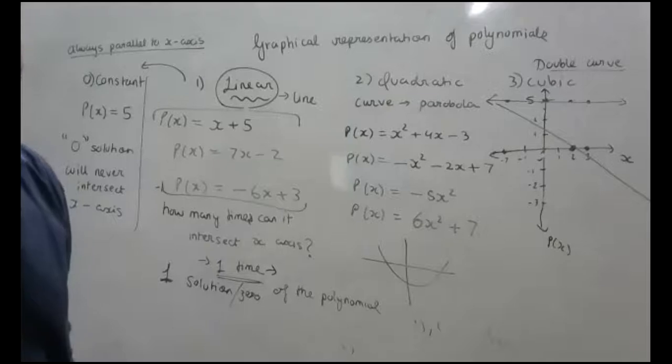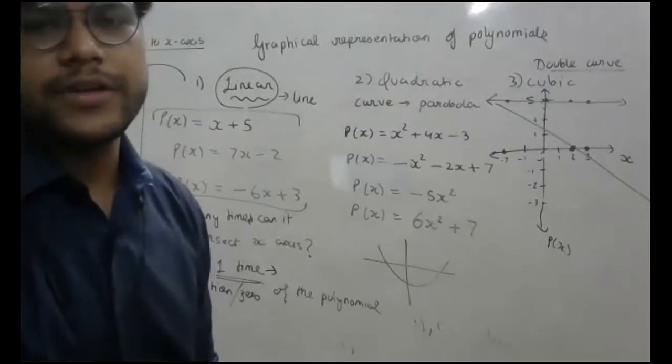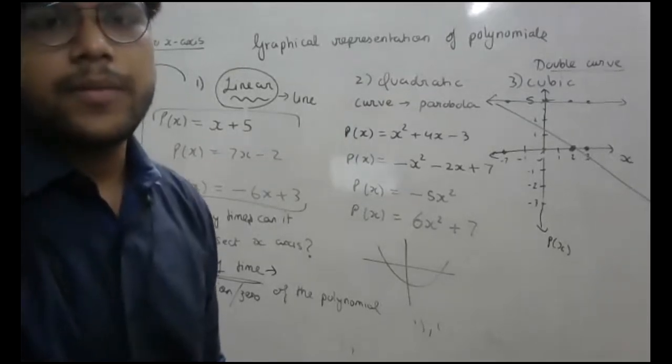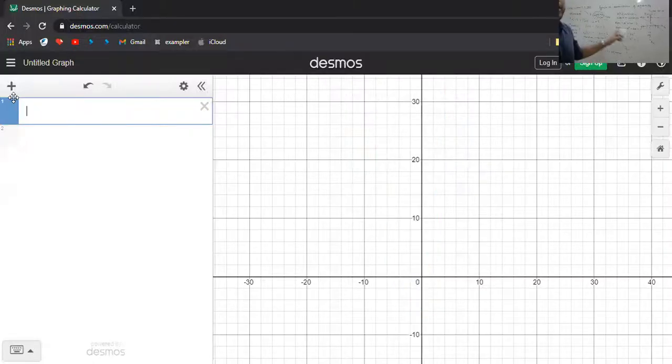Let me plot this: minus x square minus 2x plus 7. Those who are having doubt, please pay attention here. We are plotting the second graph: minus x square minus 2x plus 7.